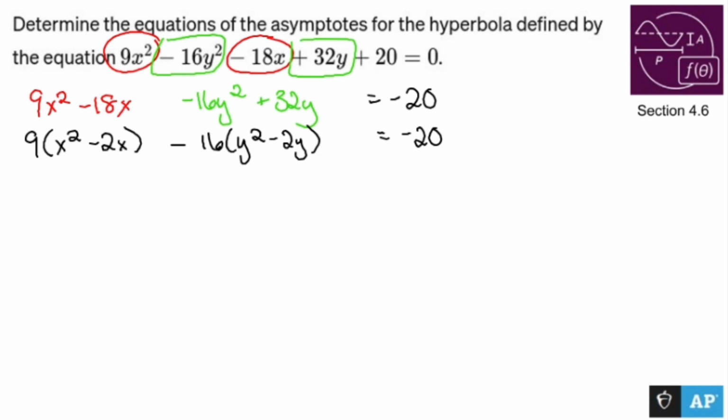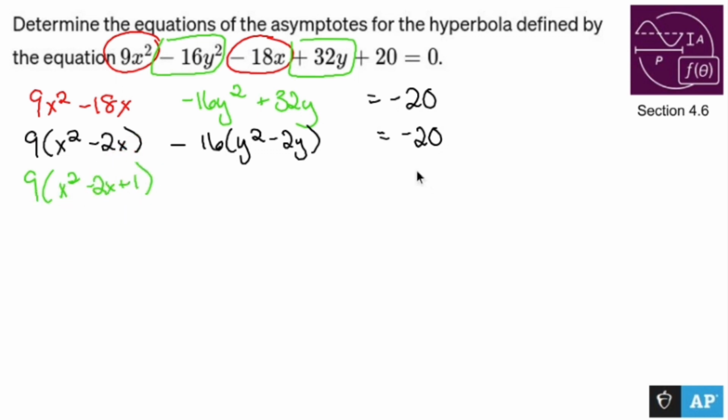Inside this parentheses, I need to complete the square. So I take the number in front of x, take half of it, so -1, square that, which is 1, and add that to both sides.